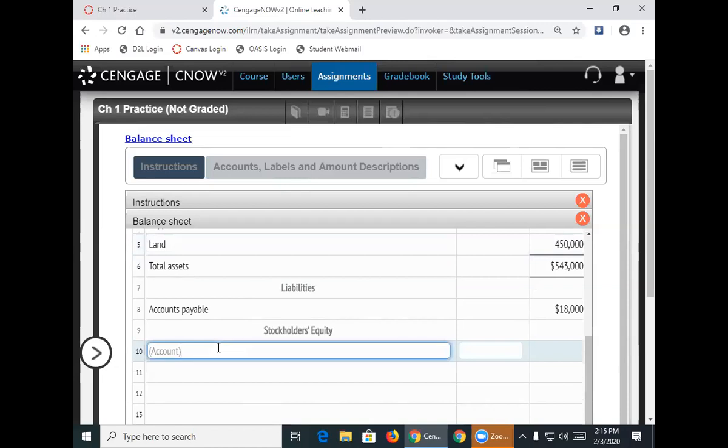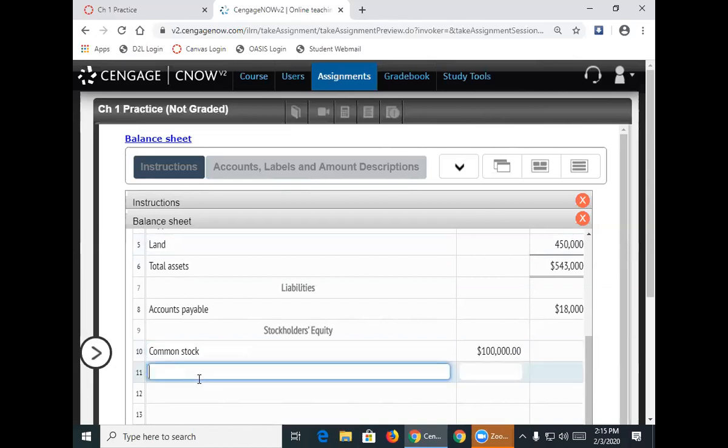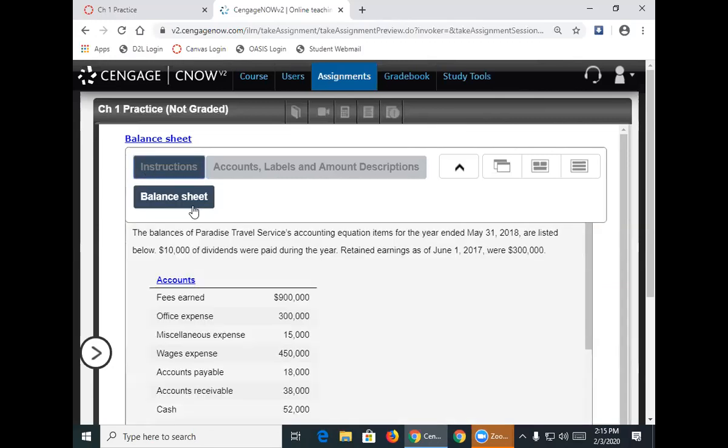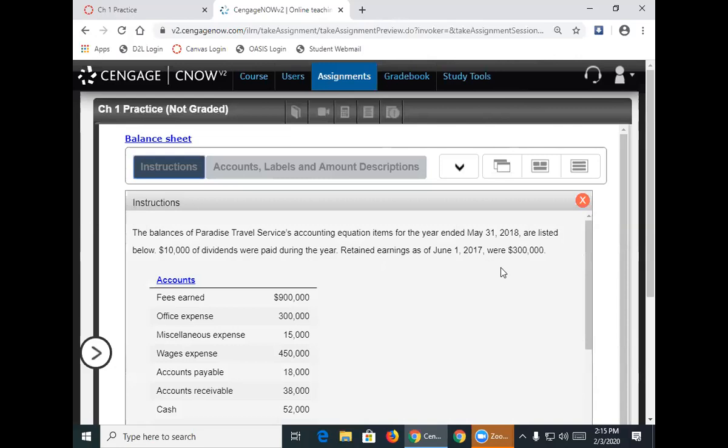Under equity, I only list common stock and retained earnings. So common stock, that amount was given at 100,000. And then retained earnings, again, here we calculated it in the previous example. But if you have to on the homework, I would go back to the instructions. I would follow the same format.